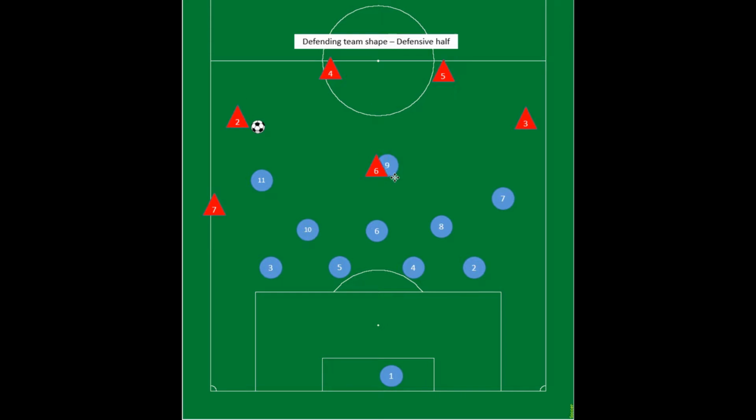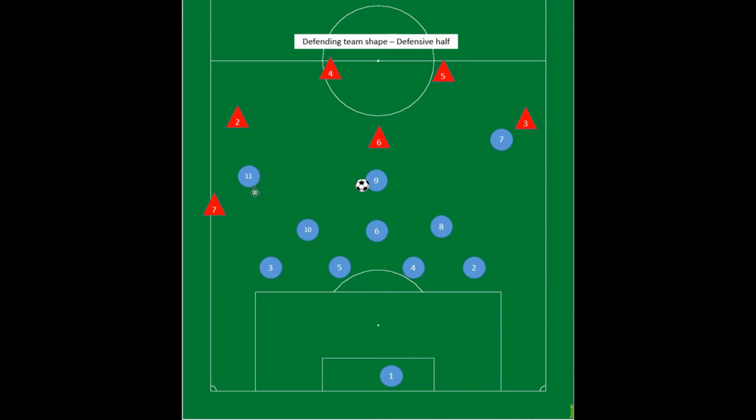The 9 plays a very important role in this case and drops back and provides additional coverage support. What's different about this than the 4-4-2 structure is the 9 has to come back and provide support. And when we recover the ball, the 9 holds the ball, and the 11s and the 7s push up.